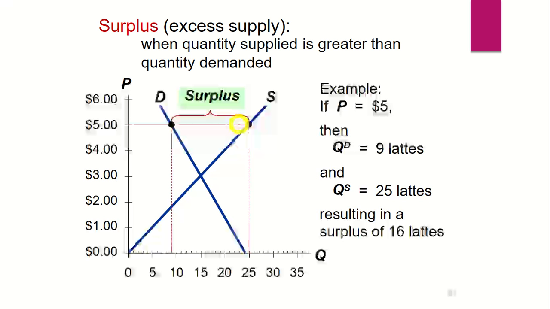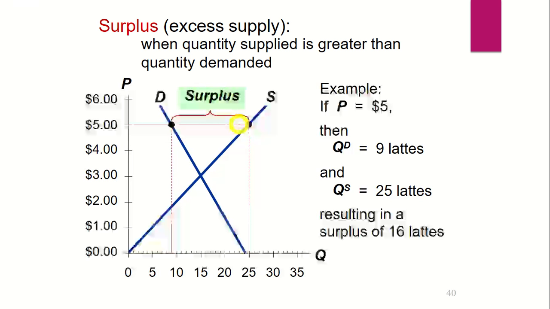Now what's the problem here? People want to consume 9 lattes, but on the supply side they want to supply 25 lattes. When you have more lattes than you need, then it is known as surplus.